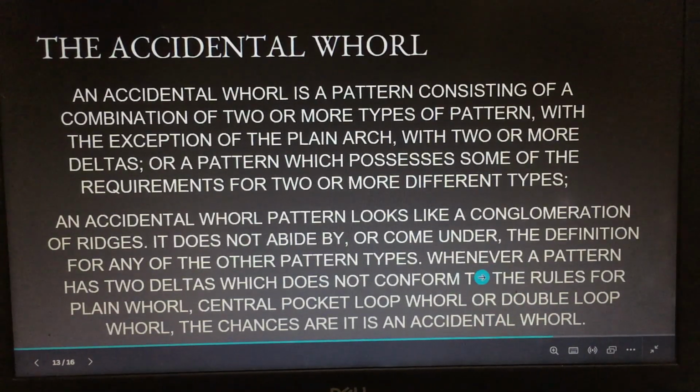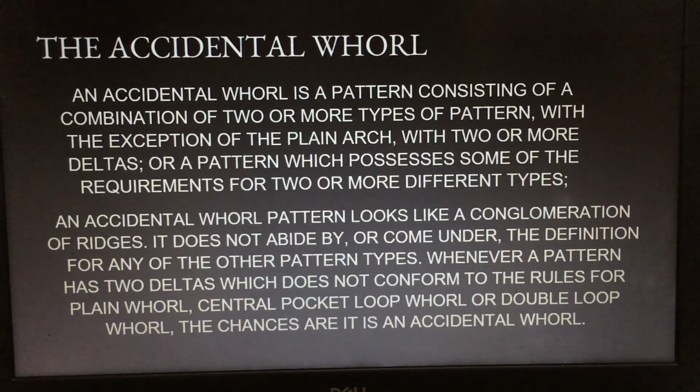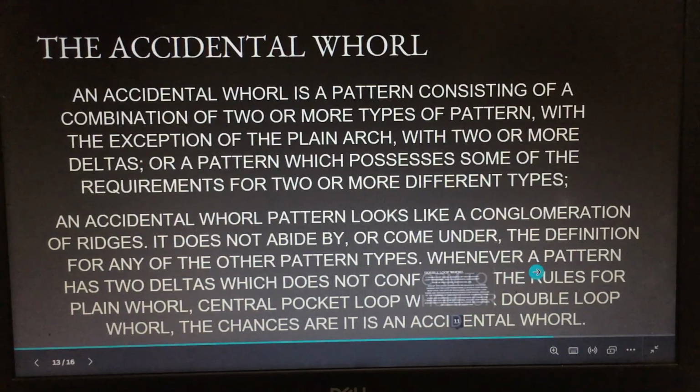Whenever a central pattern has two deltas which does not conform to the rules for a plane whirl, a central pocket loop whirl, or double loop whirl, the chances are it is considered an accidental whirl.